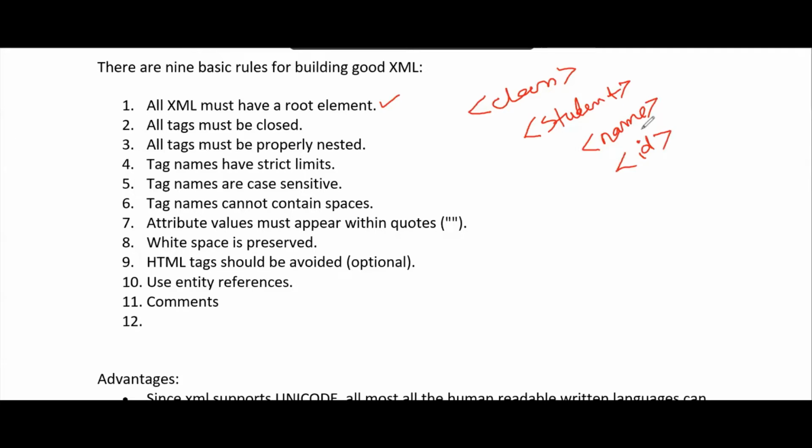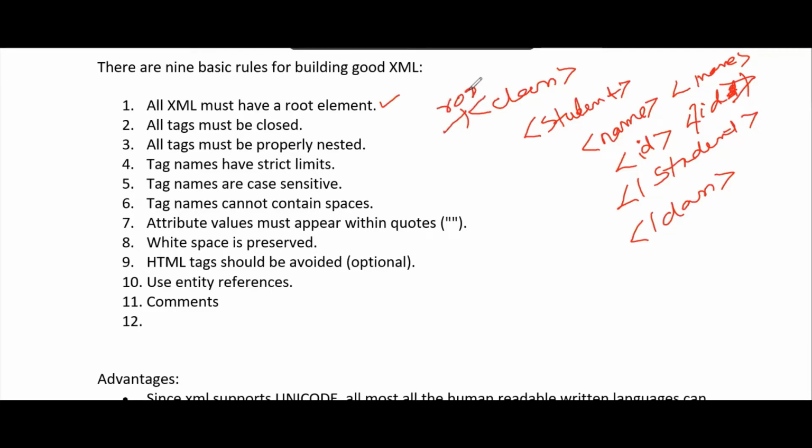Then I need to close this name tag, I need to close this ID tag, then I need to close the student tag, and then I need to close the class tag. This is how I need to do it. In this entire XML document, the class over here is considered to be the root element. So here class is the root element.